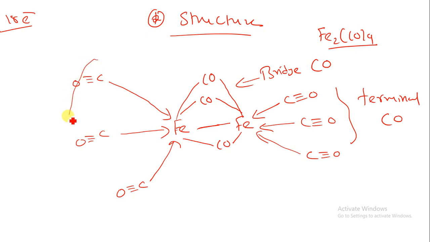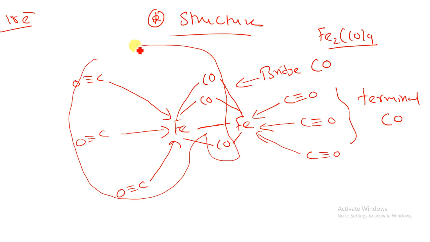I have to take one Fe. First of all, Fe is 4s2 3d6, so there are a total of 8 electrons for the Fe metal atom. Second, there are 3 terminal CO ligands, which contribute 6 electrons.